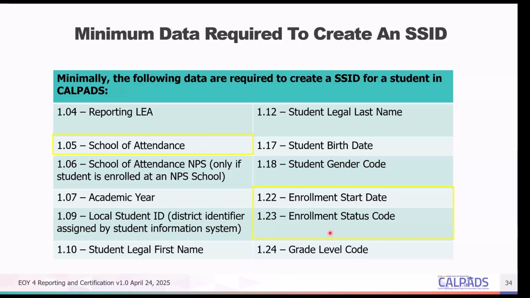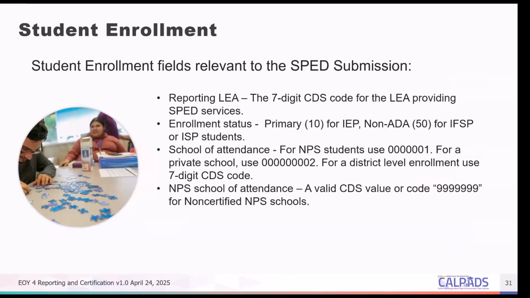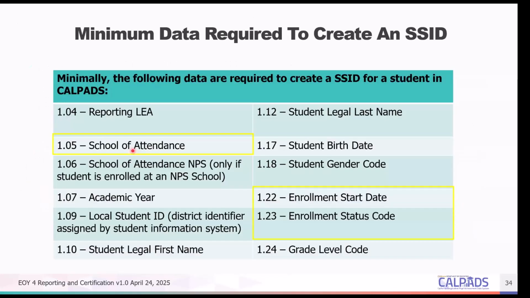These three fields here are boxed because of the conditions, the scenarios with regards to SPED enrollment. So school of attendance could be a 002 because it's an IFSP or IEP, if the student is in a private school, right? It could also be a 001. It could be the district code or a regular school within your district where the student enrolls because of general education as well as special education services.